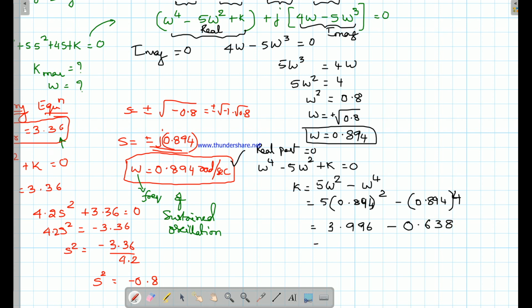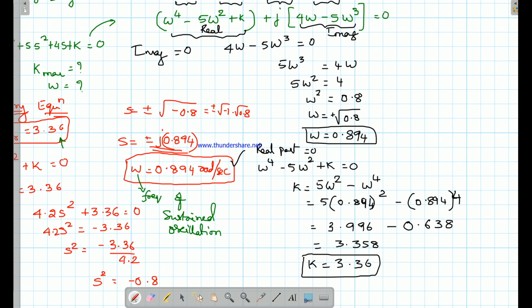If I subtract these two, 3.996 minus 0.638, I'll be getting 3.358. Or I can say the k value equals 3.36.